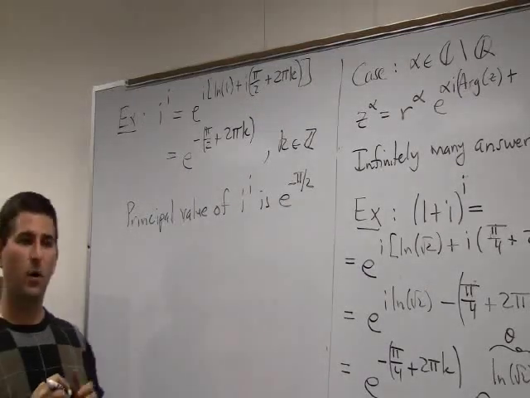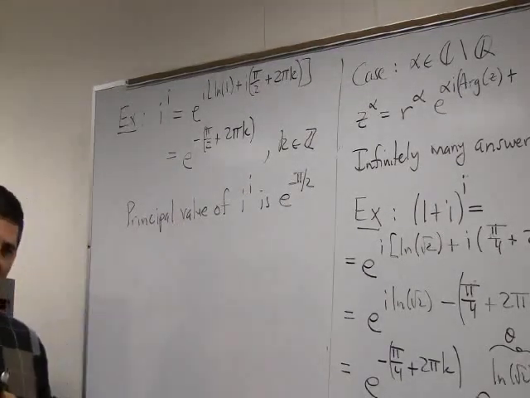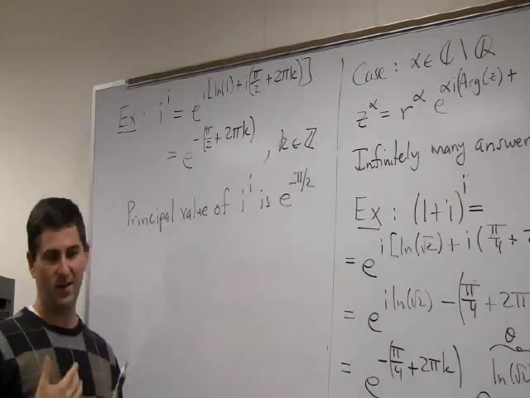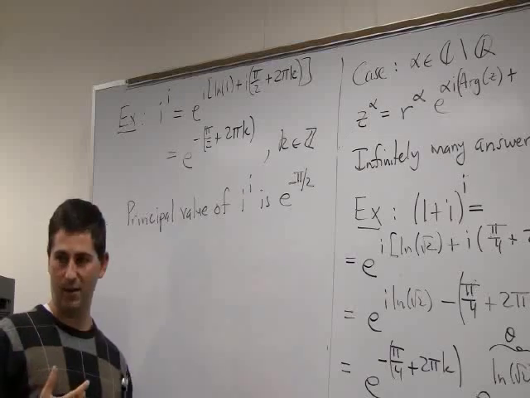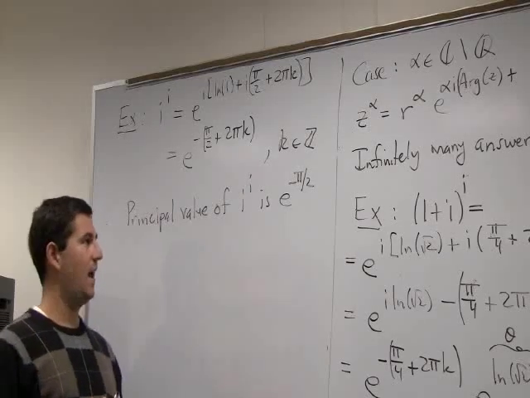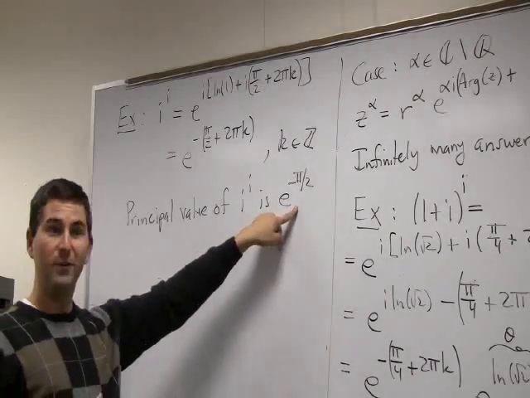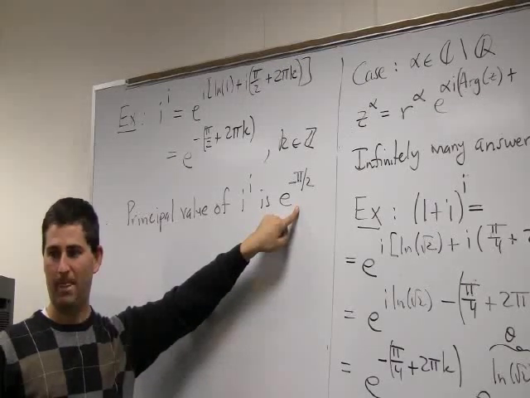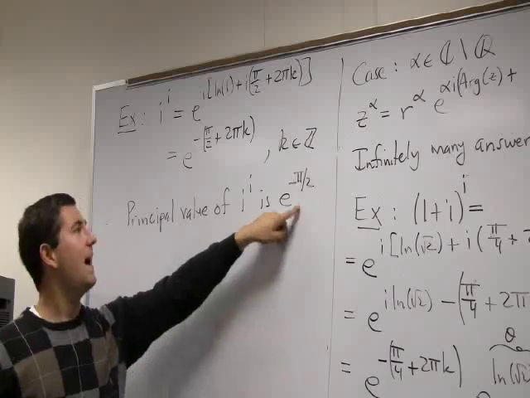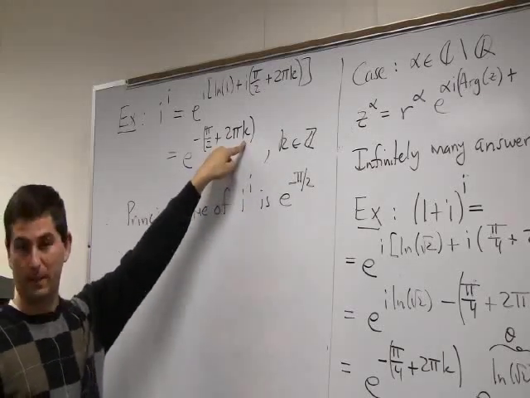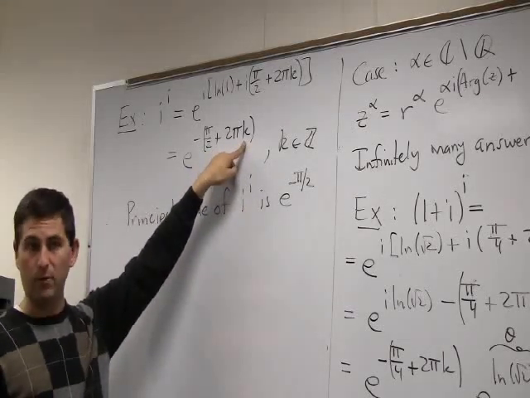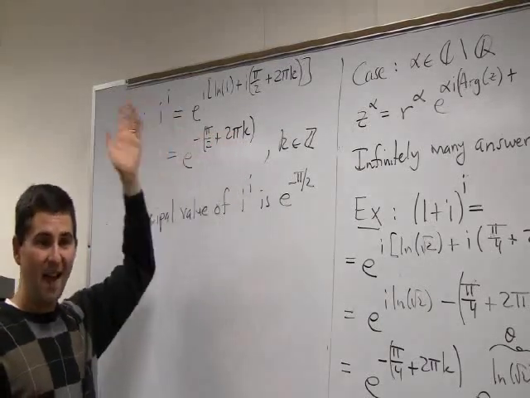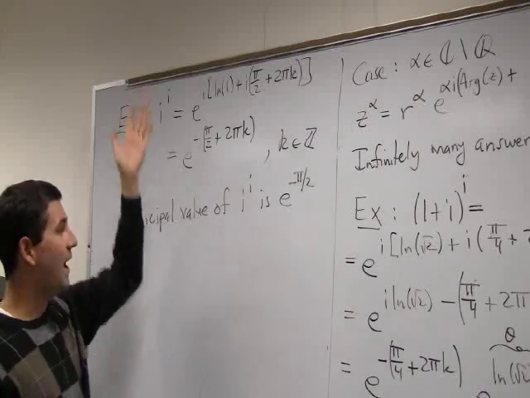Now, why in the world should it be the case that you take a complex number, something simple like i, raise it to a complex value, and out pops a real number? Not only that, but if you don't look at the principal value, but you look at every value, there's no i's up here. Every single value of i to the i is real.